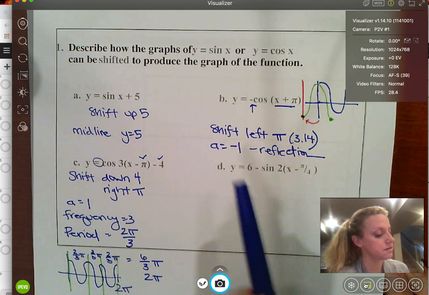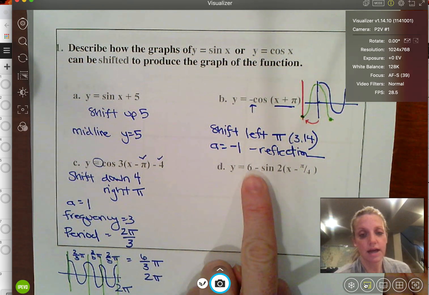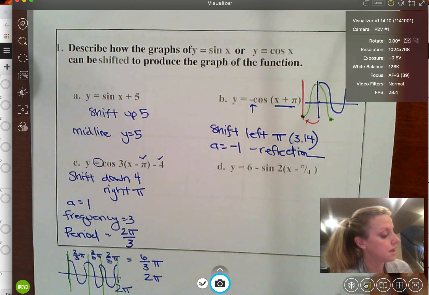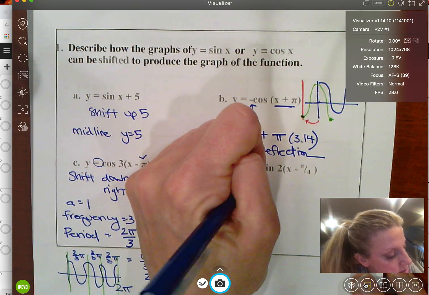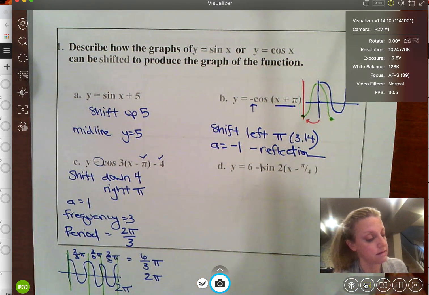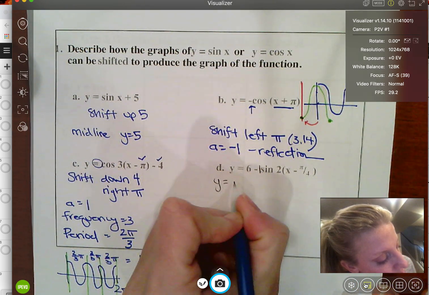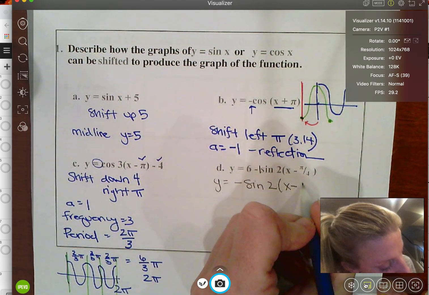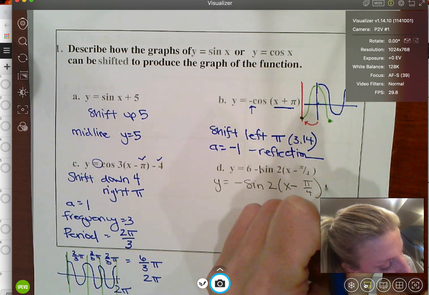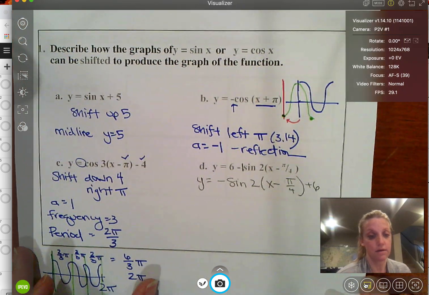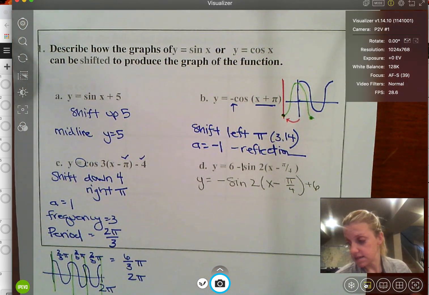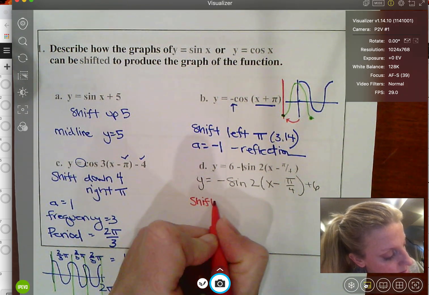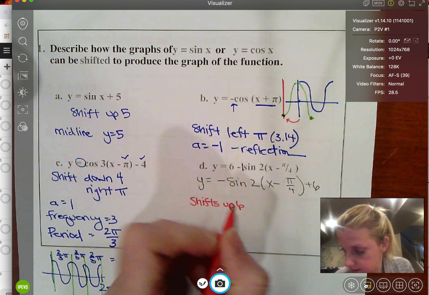This one is definitely worth writing down because a lot of kids say that the A value, the amplitude, is 6, and it's not. The amplitude sits right here next to the sine. It looks like the amplitude is actually a -1. I personally would rewrite this with the +6 tacked on the end over there, because then I think it's easier to see that this whole thing shifts up 6.